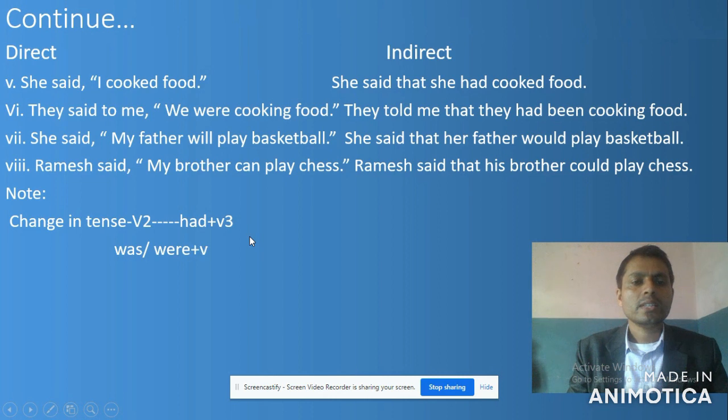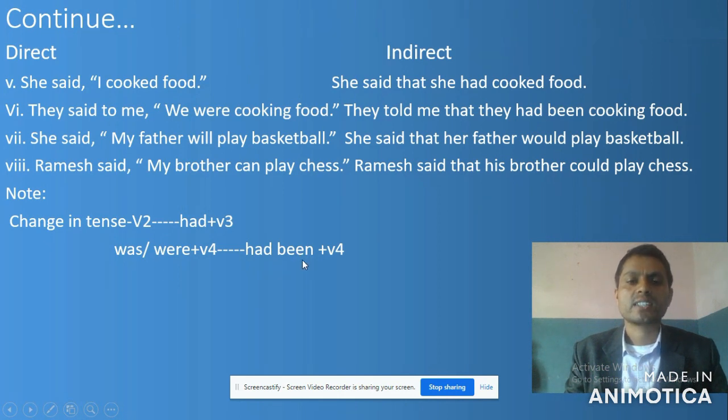Then if there was, was plus verb four, we write had been plus verb four. So past continuous becomes past perfect continuous tense. Then "will" becomes "would".